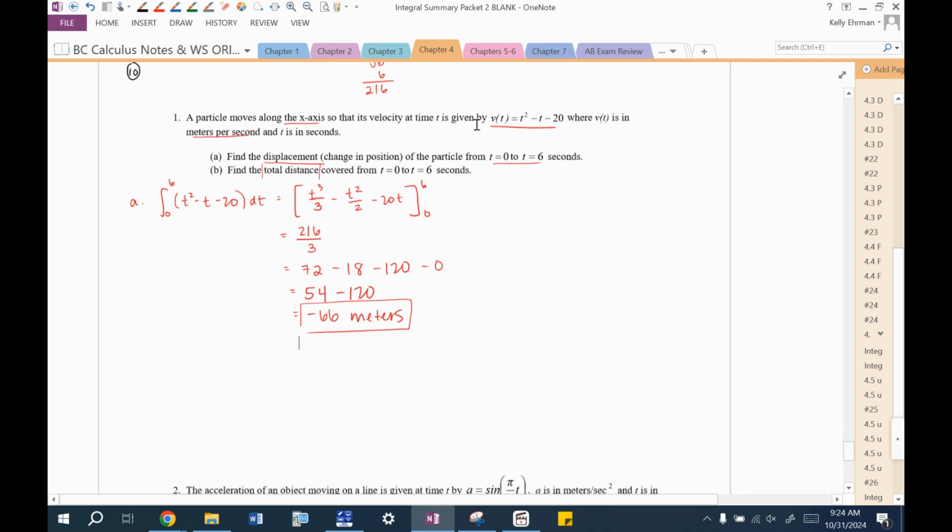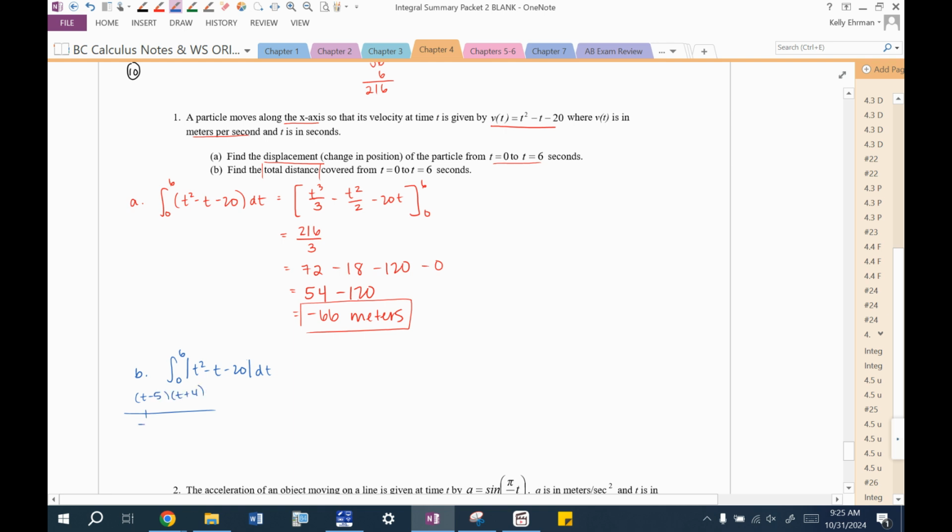Okay, and then total distance. Total distance means the integral from 0 to 6 of the absolute value of this, which means we are going to figure out where the graph is negative.